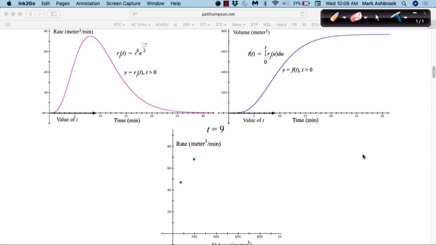So this is the new concept that we're starting in for the next week or two. This is the idea of a parametric function.